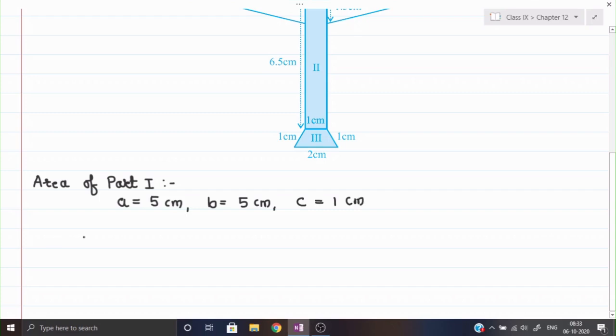First we shall find the semi perimeter. s will be equal to a plus b plus c divided by 2. So it can be written as 5 plus 5 plus 1 divided by 2. Basically it will come 11 upon 2. That will come in fraction, we can't do anything right now. So this will be 11 upon 2 centimeter.